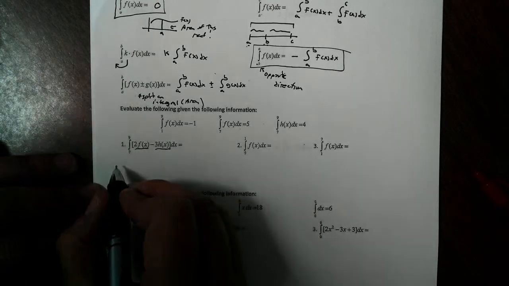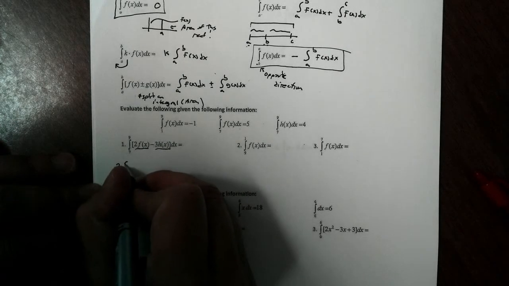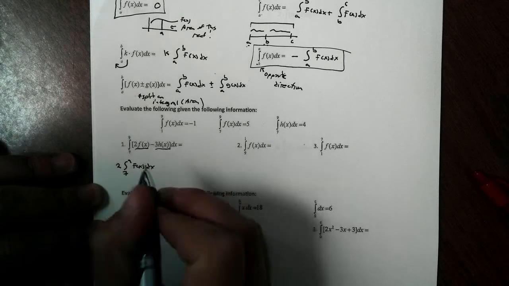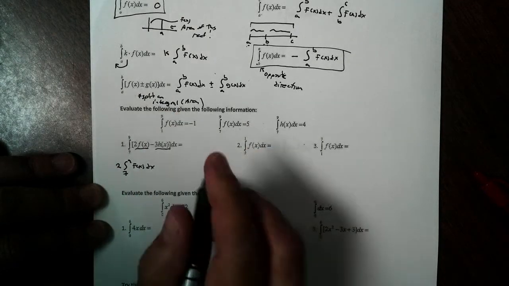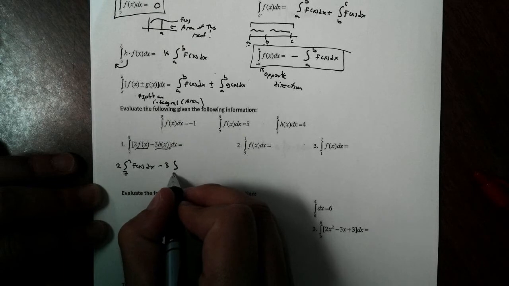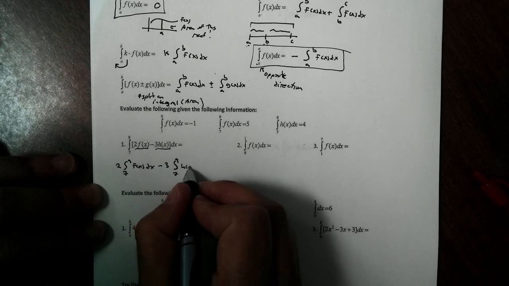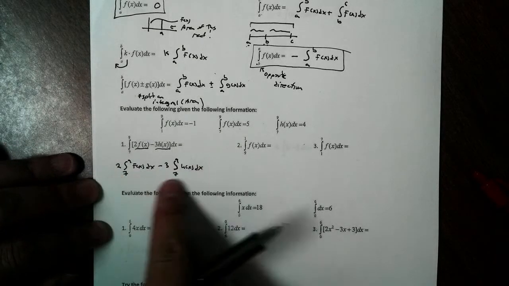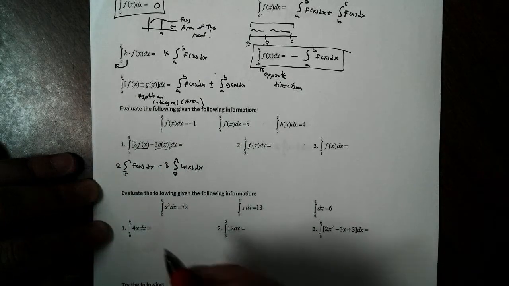So I'm going to write this as 2 times the area from 7 to 9, f of x, dx, really I just want to practice writing dx, minus 3 times the area from 7 to 9, h of x, dx.